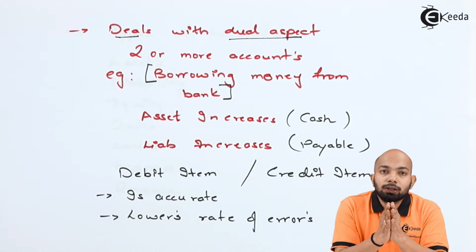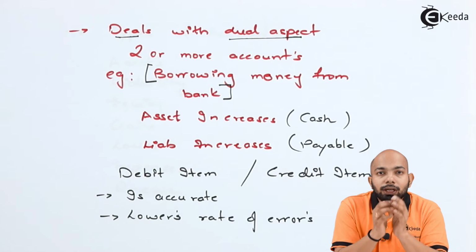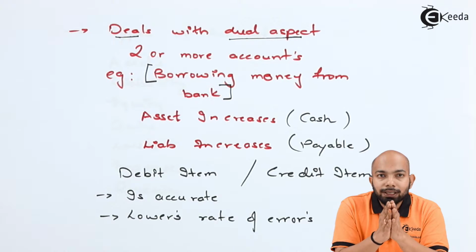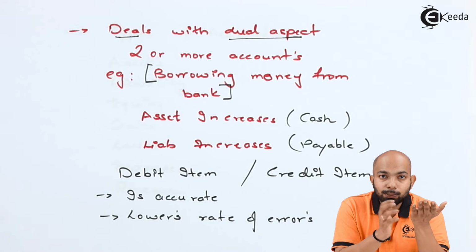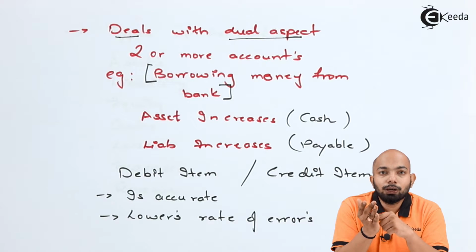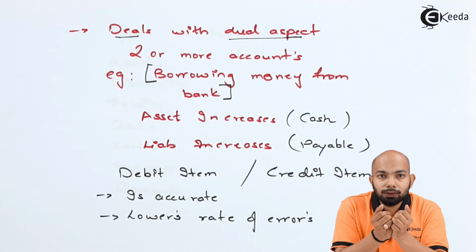Hence, this is the right example to set when explaining the double entry bookkeeping system. So it has two effects. For this example, the asset side increases because there is an inflow of cash. Similarly, the liability side also increases because you have taken a loan and you have to pay it back. This is how the example gives you a lot of details about the double entry bookkeeping system. Let's understand a few more points about it.